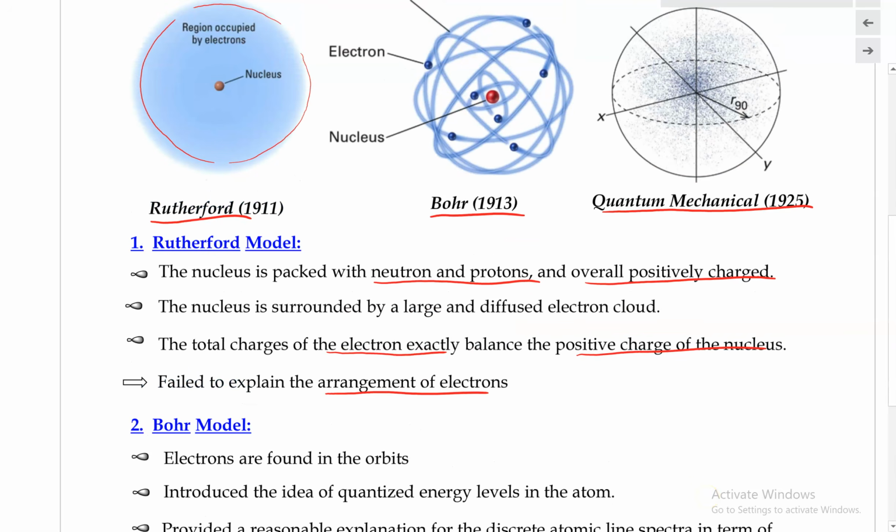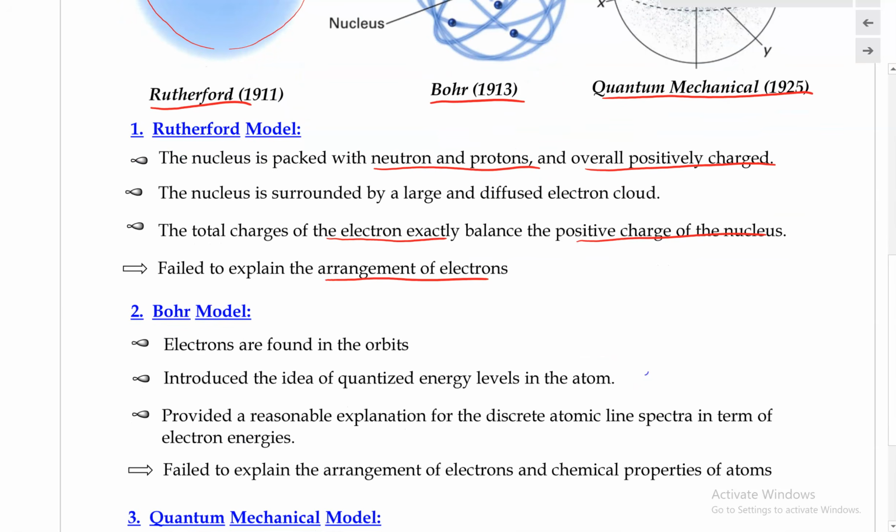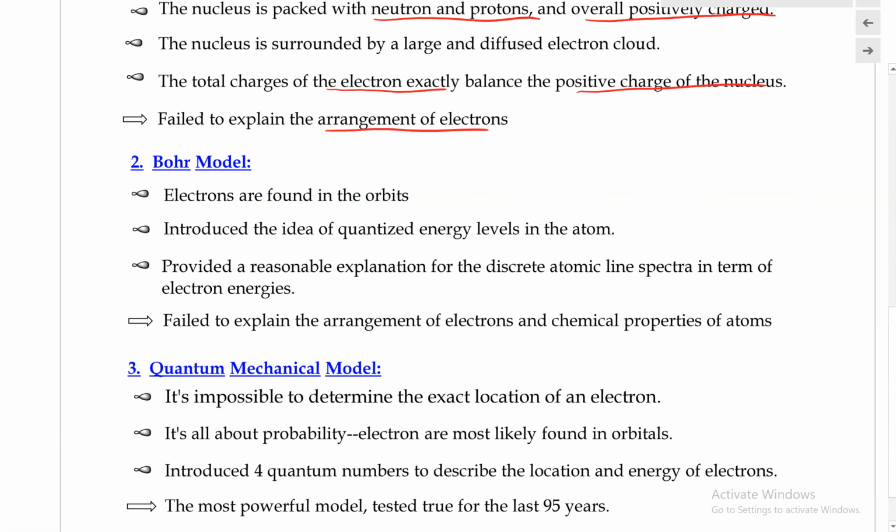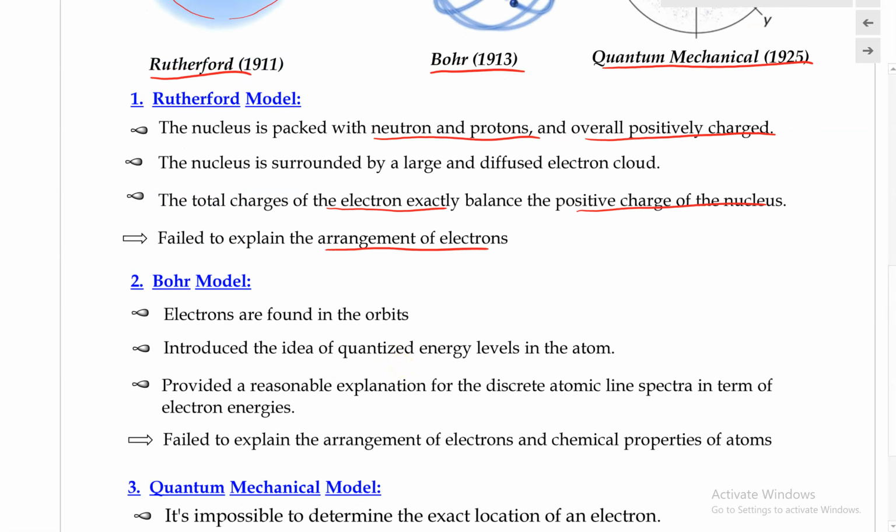In the next lecture, I'll be discussing the Bohr model, and I'm going to quickly go over some of the statements from the Bohr model before I dive into more detail. In the Bohr model, Bohr basically said that electrons are found in orbits.